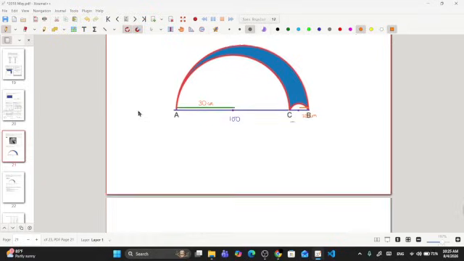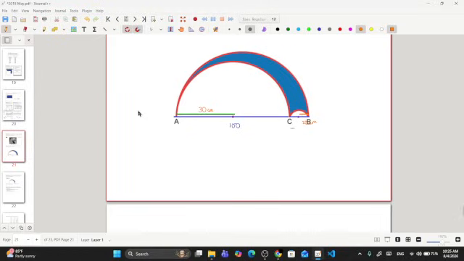Okay. So essentially speaking, the total perimeter is essentially going to be this entire part plus this region plus this region, right? So what's the formula that we usually use for perimeters?